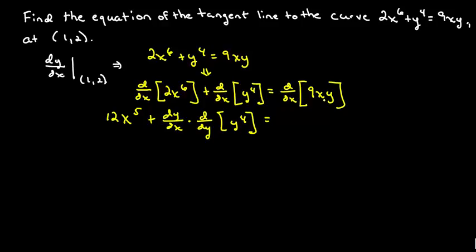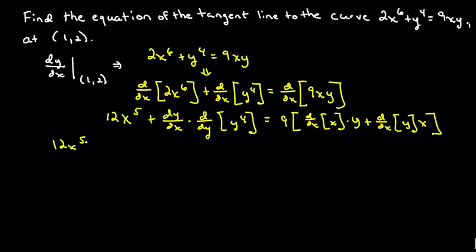And now the derivative of this guy is a little bit more difficult because we have to use the product rule here. So let's pull the 9 out. Now we have to take the derivative of the first times the second plus the derivative of the second times the first.